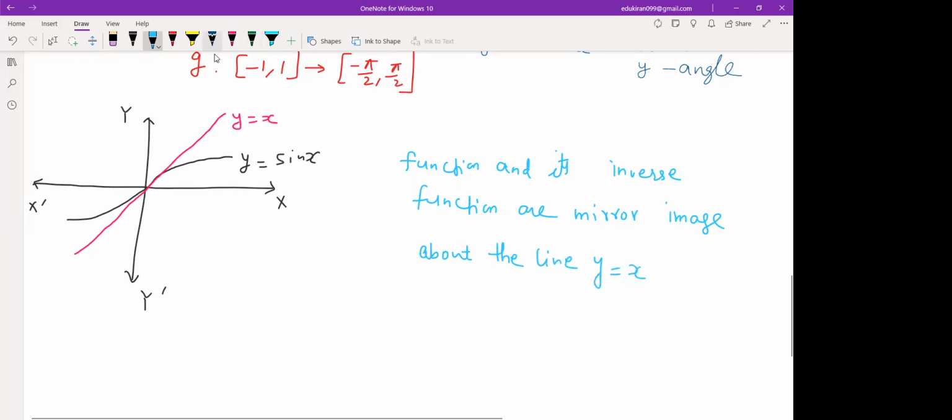So the sine inverse x graph will be like this.